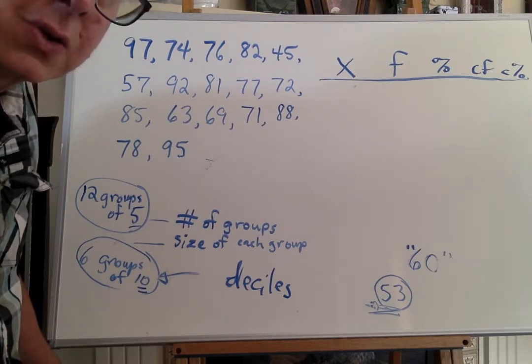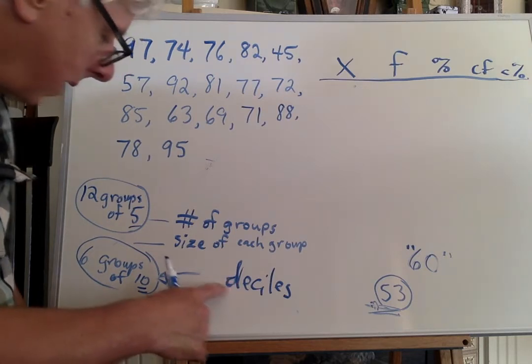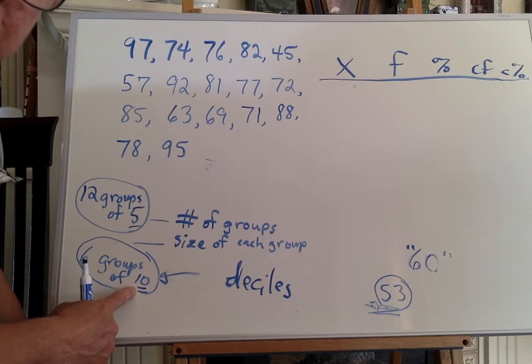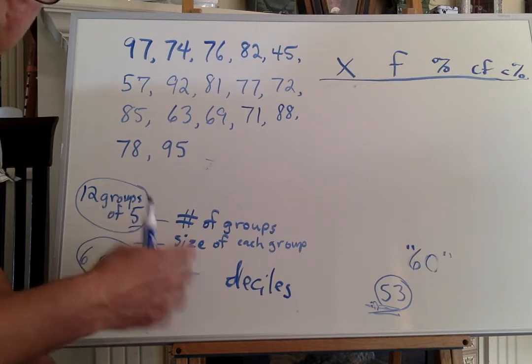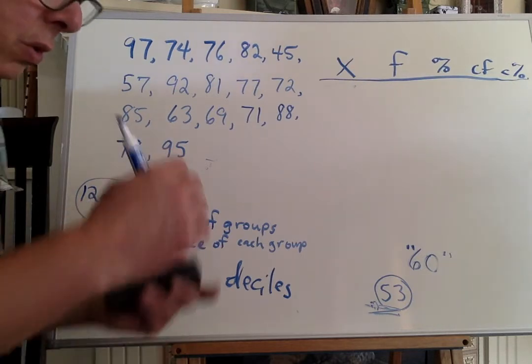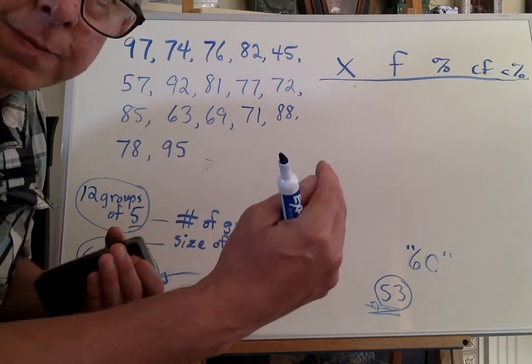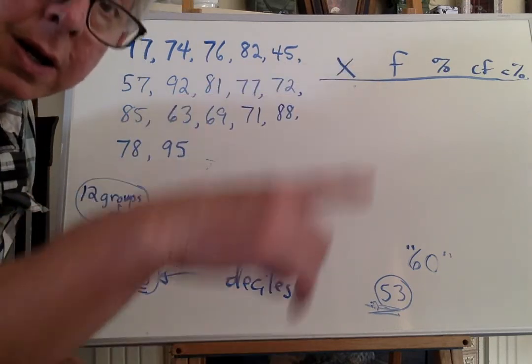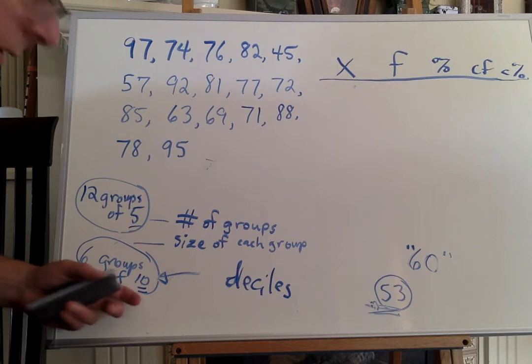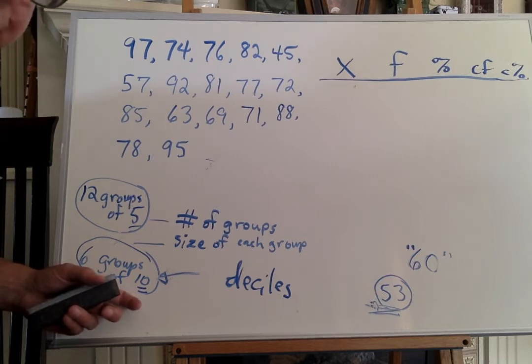Since test scores are typically done in deciles, I'm going to do 6 groups of 10, okay? That sort of overrides some of my other considerations. 12 groups of 5 will definitely let us see more distribution, that is, where people are in that range. But using deciles for test scores is so common that that's what I'm going to use.